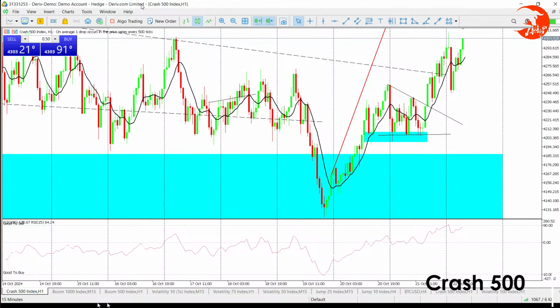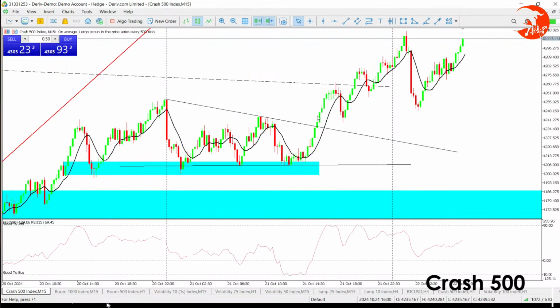I had told you that we will have our entry once we have a breakout and a retest, and we had it there. This was a good retest on M15 to make our entries for the buy. We had another buy when price came back to this level.